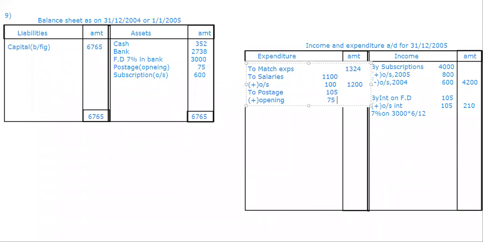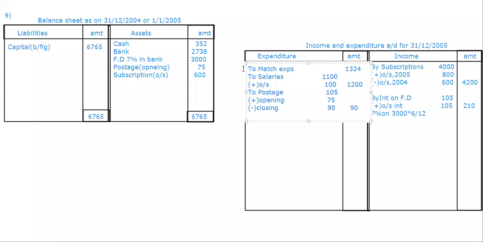And obviously if opening I'm adding, then closing becomes minus. So it will be 90, because 180, half is 90.